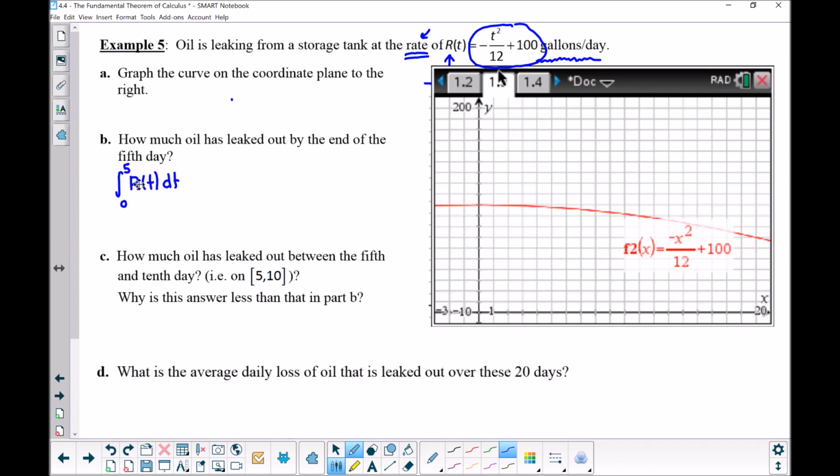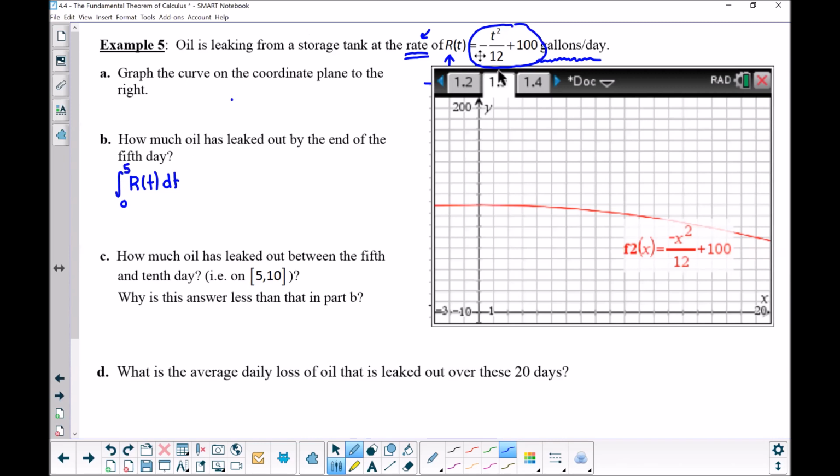I like that for 2 reasons. A, it's quicker to write. It's usually shorter. And B, there's always a chance that if you copy this down, you could make a mistake, mess up a sign or something, and now you won't do that because you've given it its name, R of T.